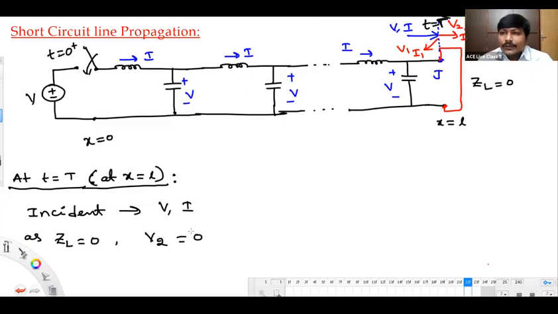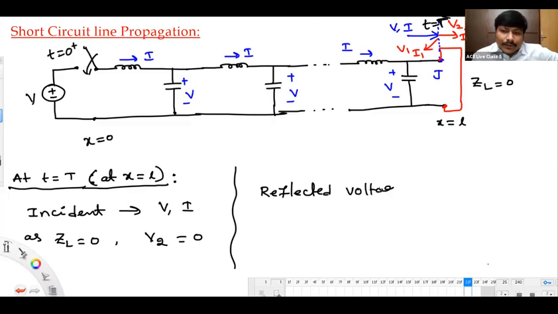Refracted voltage is 0. Okay, listen. After saying that refracted voltage equals 0, and incident voltage is V, based on these two we can find the reflected voltage.